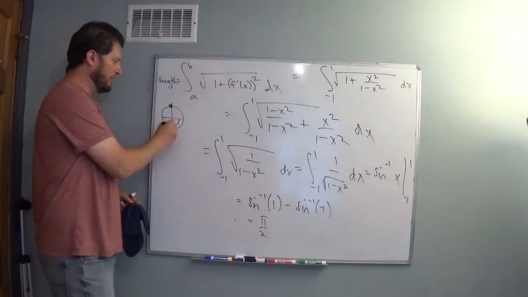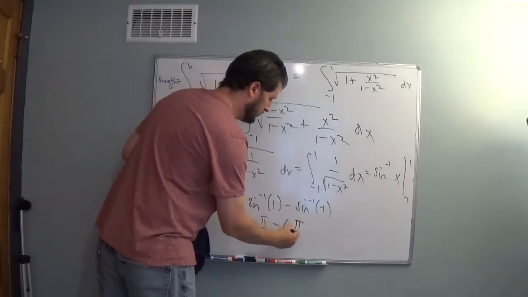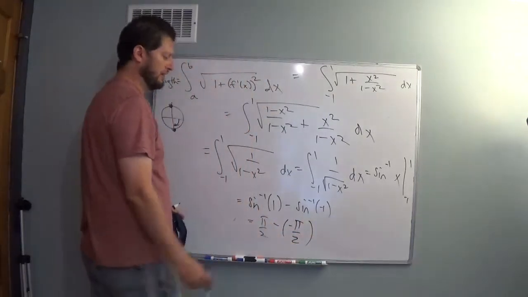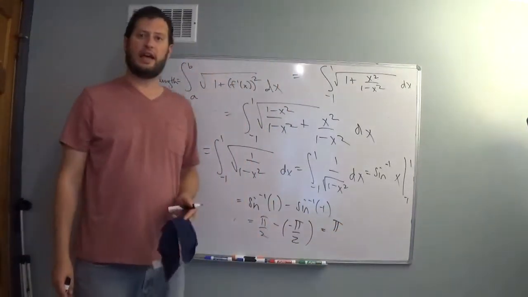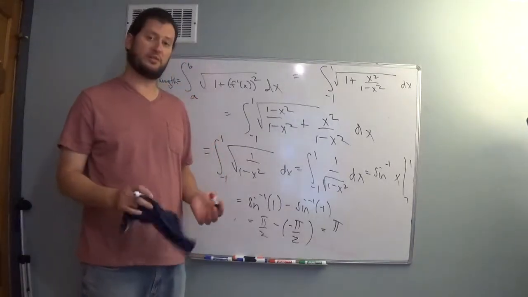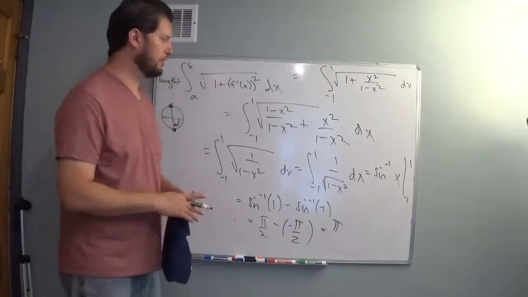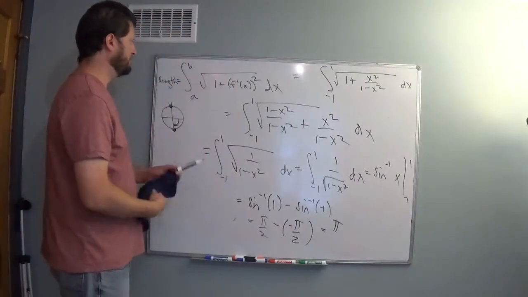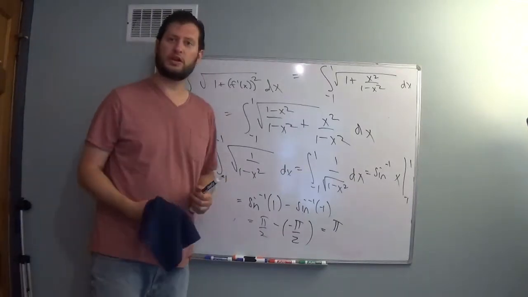The angle that leads me to this is negative pi over 2. So this is minus negative pi over 2. I get pi over 2 minus negative pi over 2, which is exactly pi, as we pointed out at the beginning it ought to be. I hope that convinces you that the formula works. And it does.